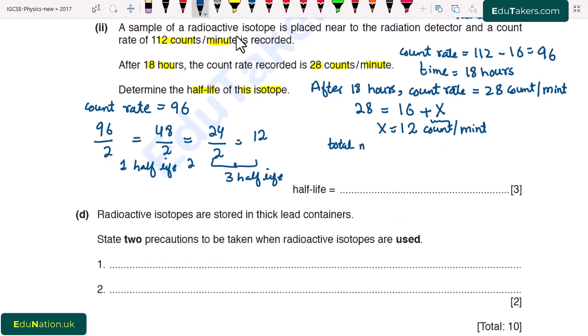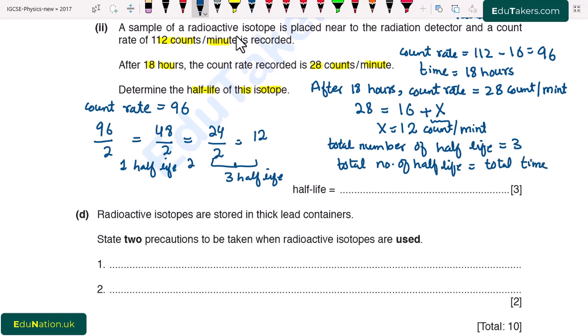Total number of half-lives is equal to 3. So using the formula, total number of half-lives is equal to total time divided by half-life.